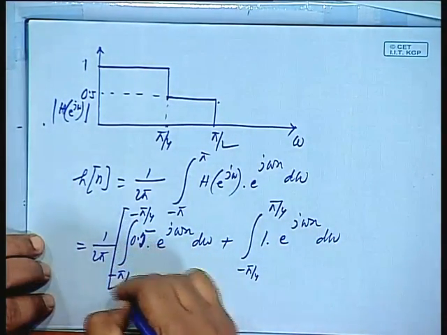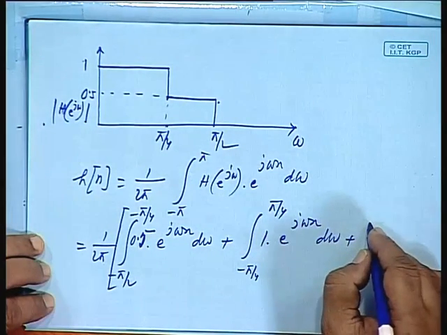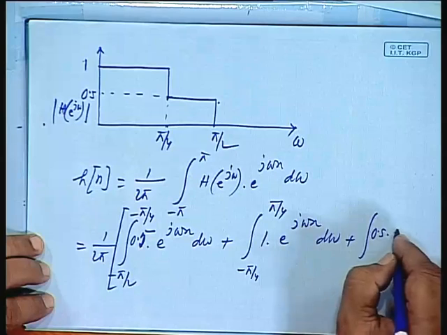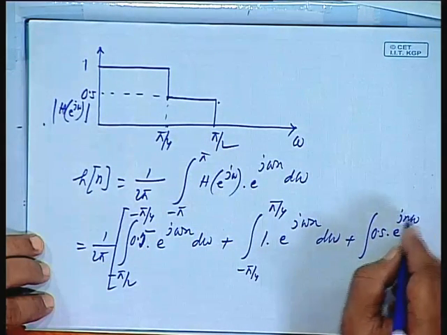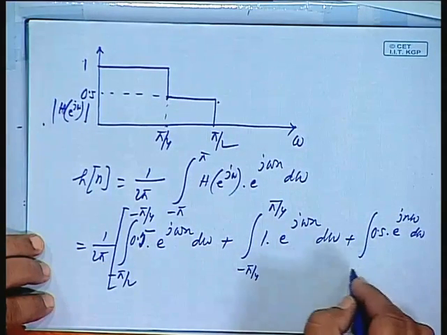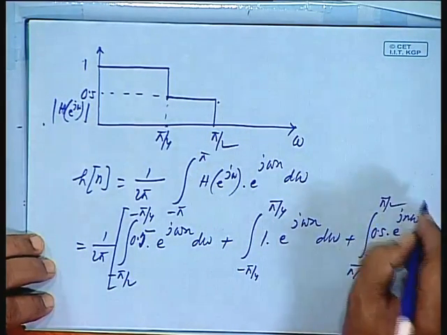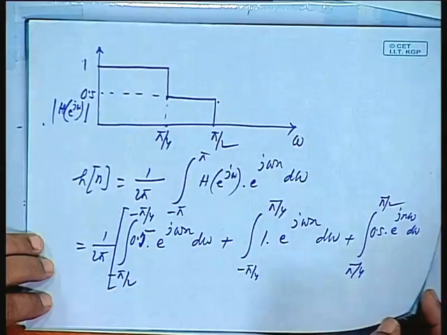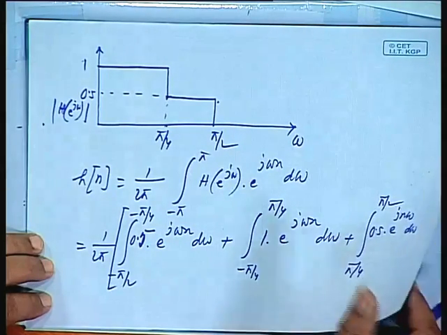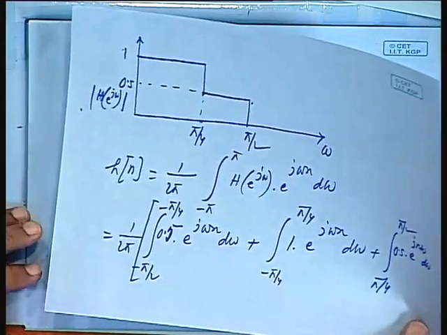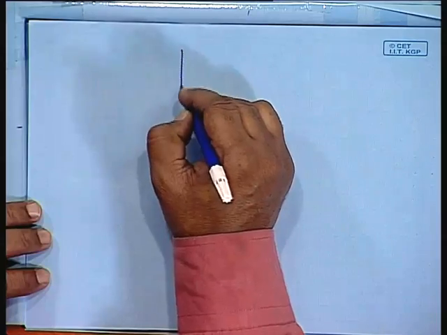Then again 0.5 into e to the power j n omega d omega, from pi by 4 to pi by 2. Is that all right? Now, you are asked to calculate a 9-point sequence, that is a length of 9. So, how many points should it be shifted by?